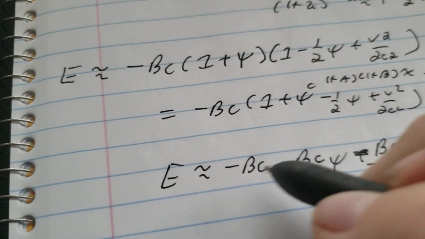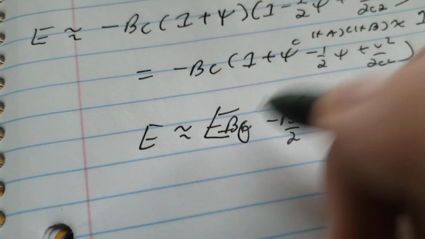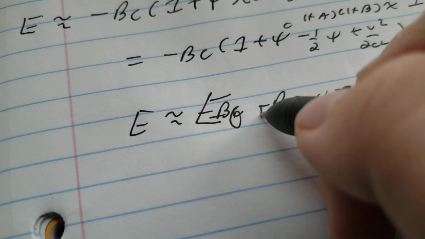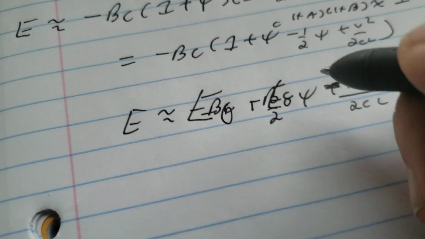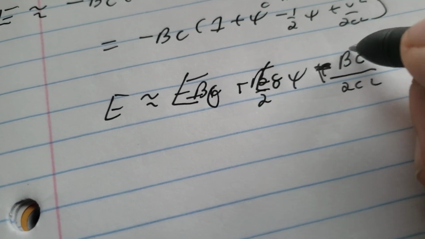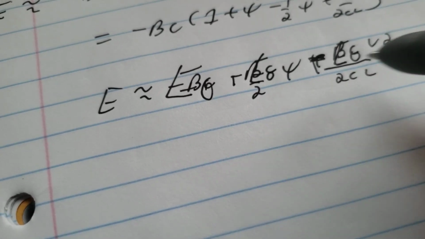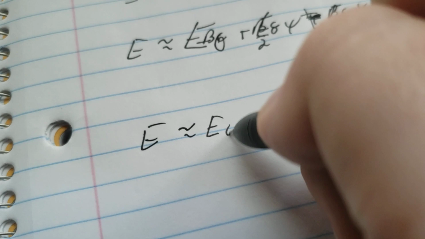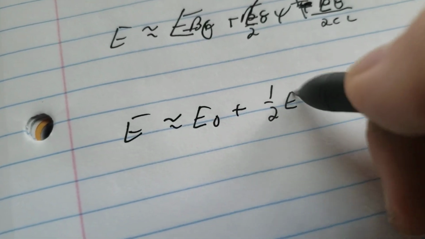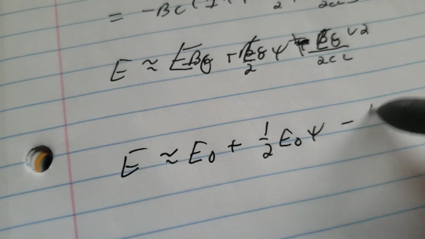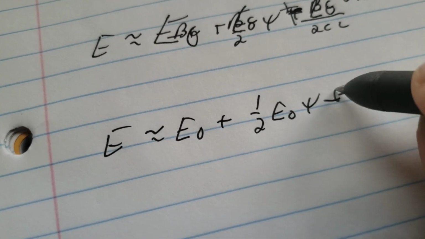I don't know why I'm using BC when I said E sub 0. That's just the rest energy. So E is E sub 0 plus 1/2 E sub 0 psi plus E sub 0 v squared over 2c squared.